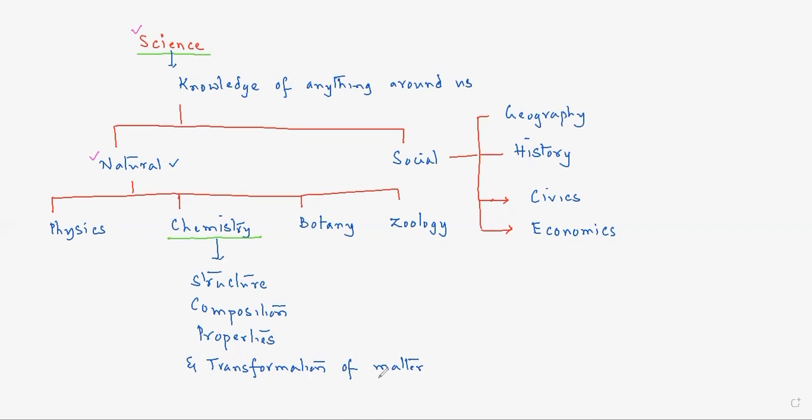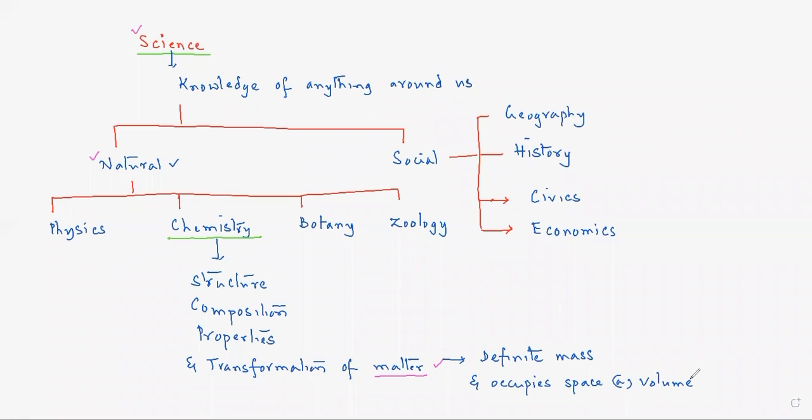But the one that is striking is matter. What do you mean by matter? After this, of course, we'll go for structure, composition, properties, and transformation of matter. But first of all, let us see what matter is. Matter is anything that has definite mass and occupies some space or some volume.